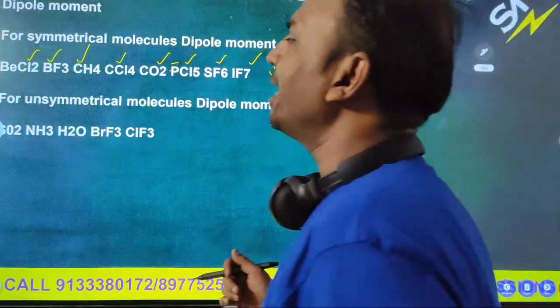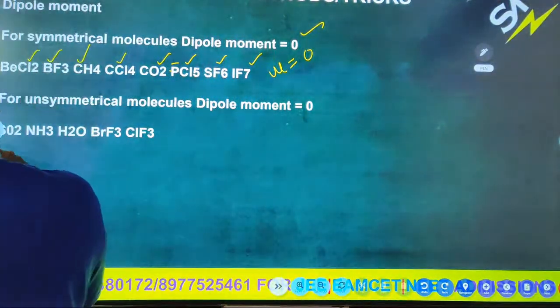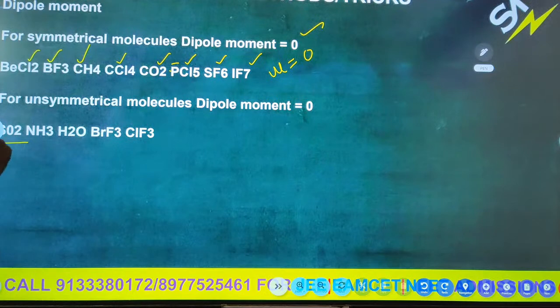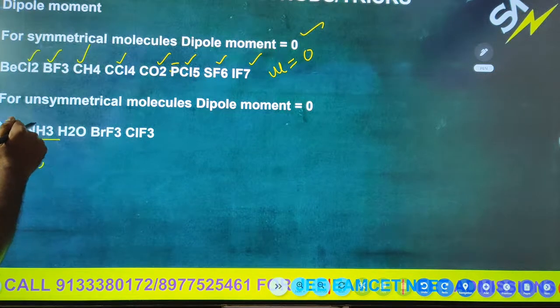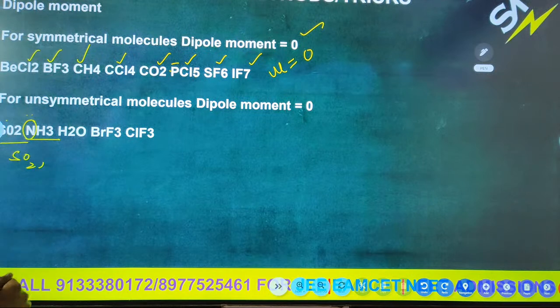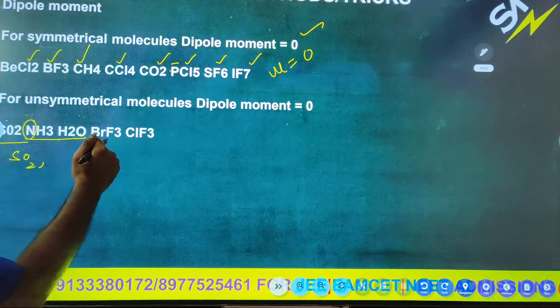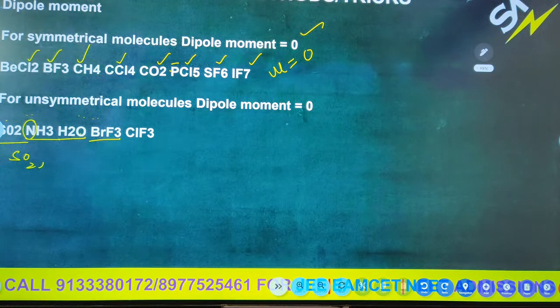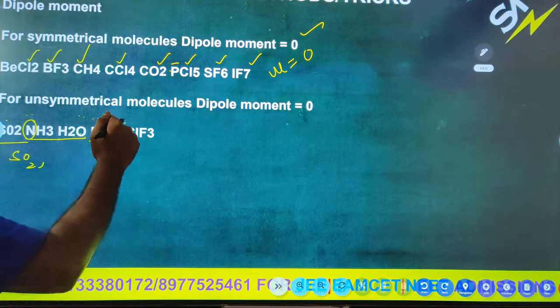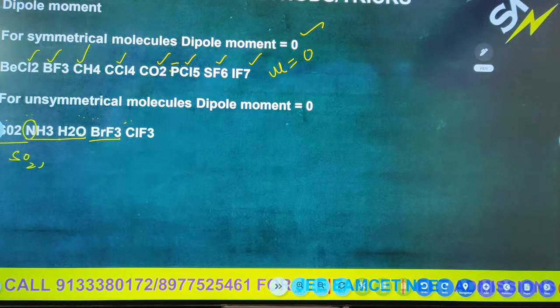Now unsymmetrical molecules. In SO2, the central atom sulfur contains a lone pair. In NH3, the central atom nitrogen contains a lone pair. In H2O, the central atom oxygen contains lone pairs. In BrF3, the central atom bromine contains lone pairs, and chlorine also contains lone pairs. Due to lone pairs, their structures are unsymmetrical.